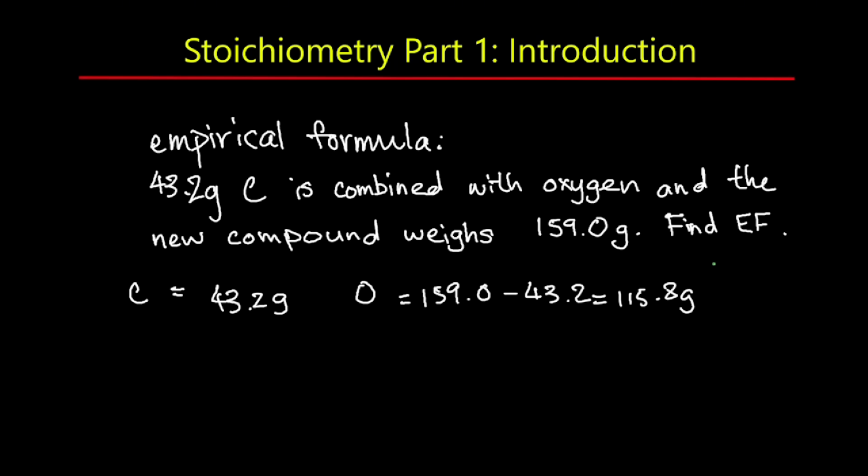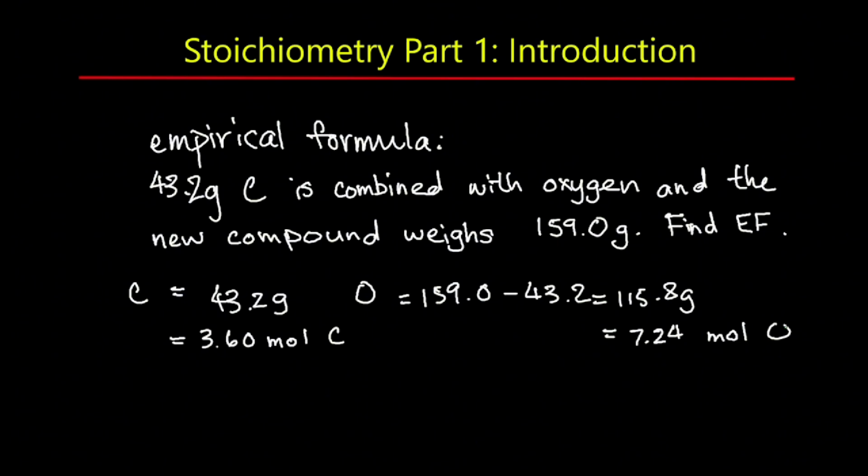If we have the mass of each element, then we can find the number of moles of each element. 43.2 grams of carbon at 12.01 grams per mole is 3.60 moles of carbon. 115.8 grams of oxygen at 16.00 grams per mole is 7.24 moles of oxygen.